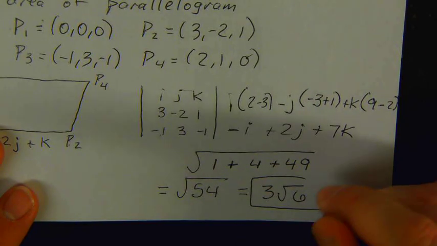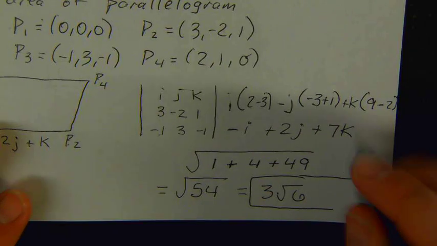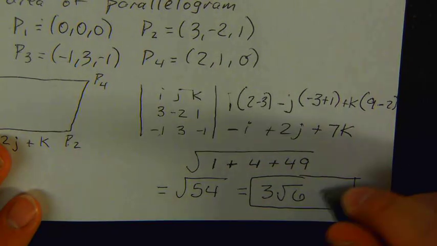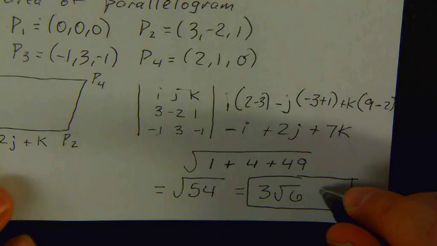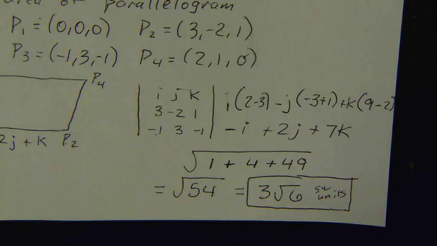So I guess I would call this the area of the parallelogram, so 3 radical 6 square units. Okay, so that is how you will find the area of a parallelogram in space like this.